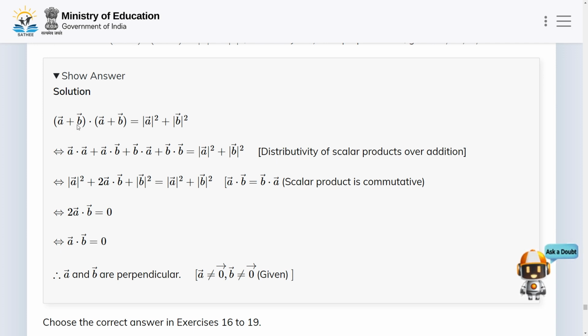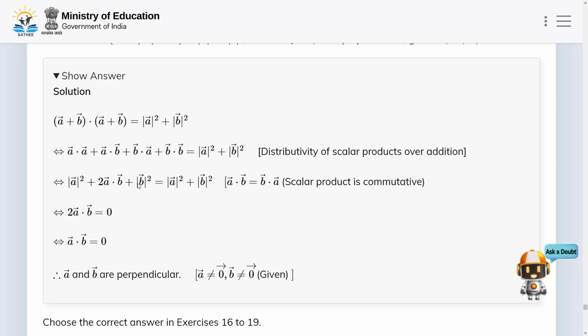This dot product, using just the distributive property, you will have A dot A plus A dot B plus B dot A plus B dot B equal to this. Now this can be rewritten as the square of the magnitude of A. This can be rewritten as the square of the magnitude of B. You know the dot products are commutative. This means plus 2 A dot B.